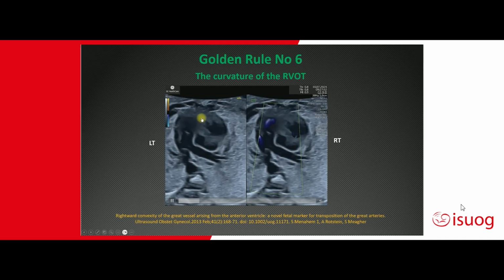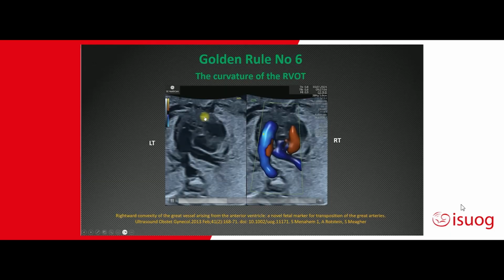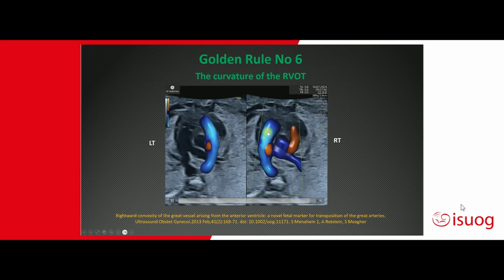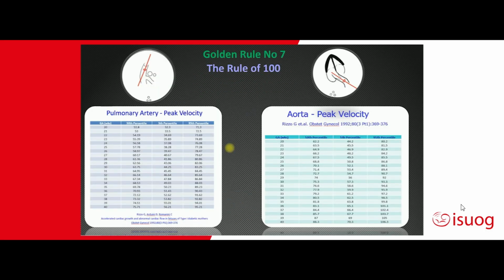So this is the pulmonary artery with the normal curvature coming out of the right ventricle, whereas in TGA, it comes out with a reverse convexity to the right, comes out like this. So understand, by using split imaging of a 4-chamber and a right ventricular outflow tract, you will automatically recognize when the curvature of the vessel coming out of the right ventricle is reversed, TGA.